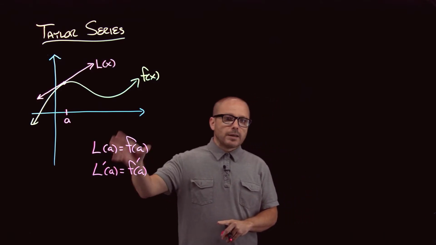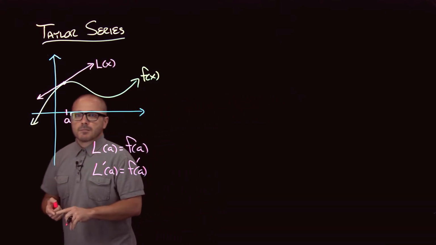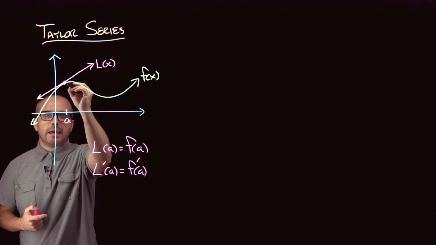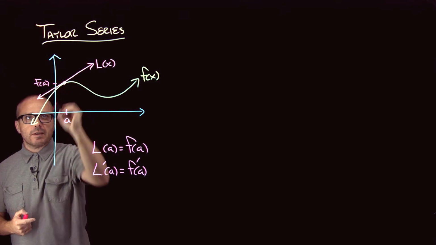And from that, we can write the equation of what the linearization is, because we have a point. We know that it has to pass through this point on the function, which is the point A, f of A, right? That's the coordinates of that point.